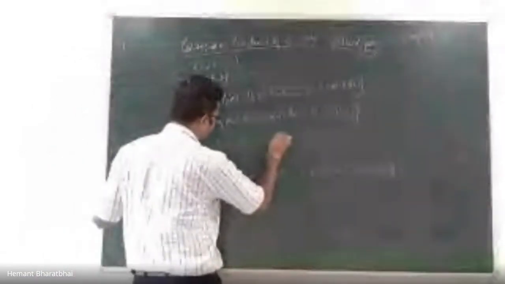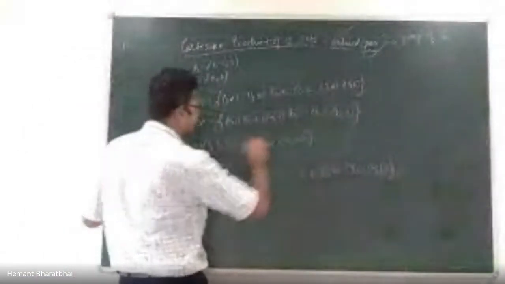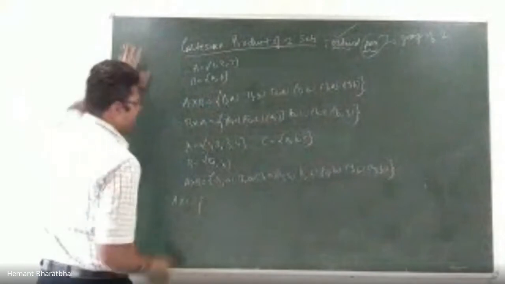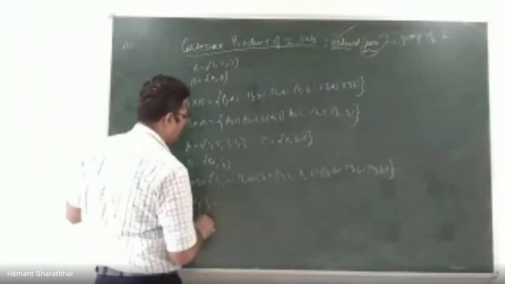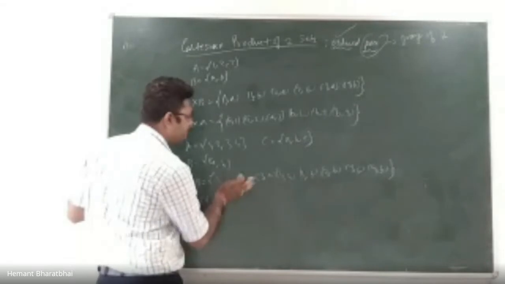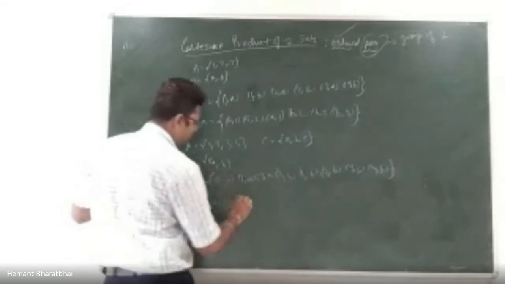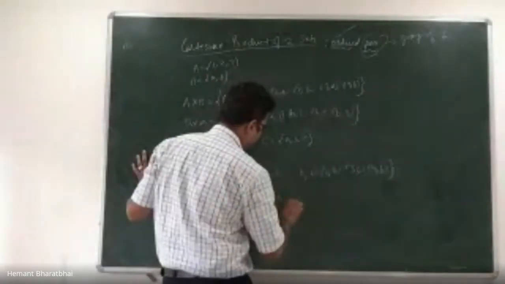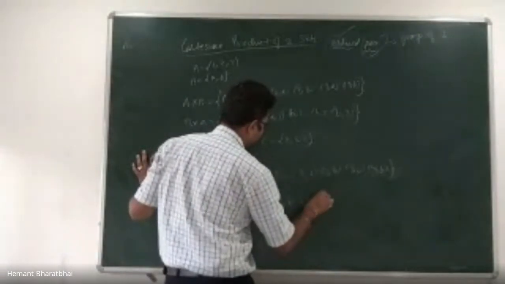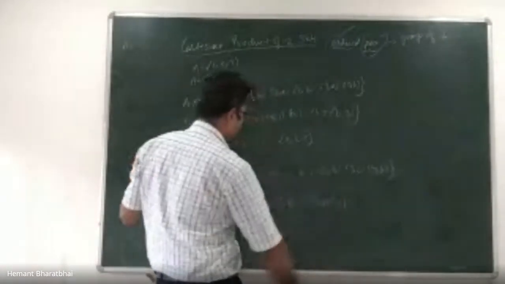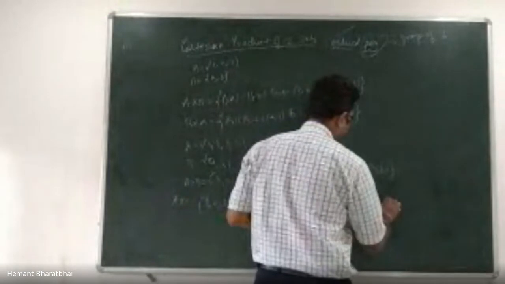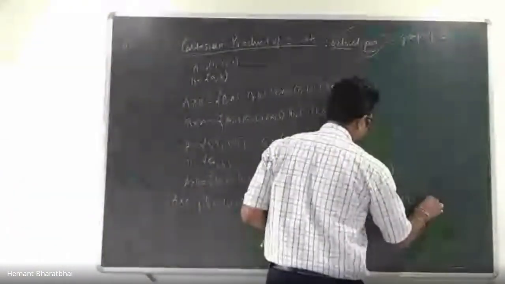Suppose I have one more set, A, B, and C. Now if I write A cross C, then I can write 1A, 2A, 3A, 4A, then 1B, 2B, 3B, and 4B. Similarly, I can write 1C, 2C, 3C, and 4C.